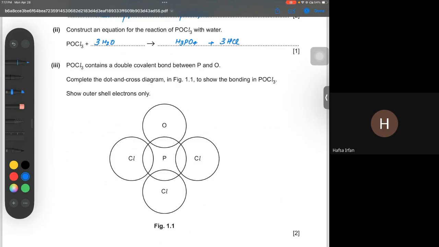So what I would be writing over there, you can see that first of all we have oxygen, and then we have chlorine.